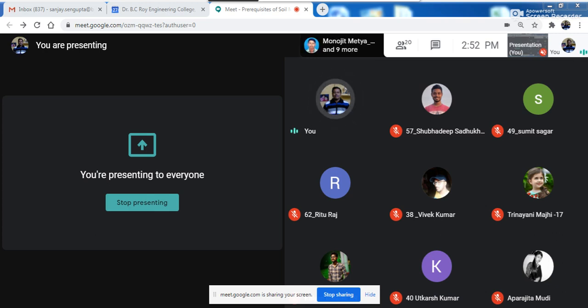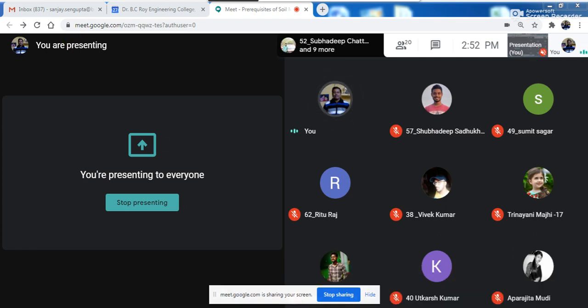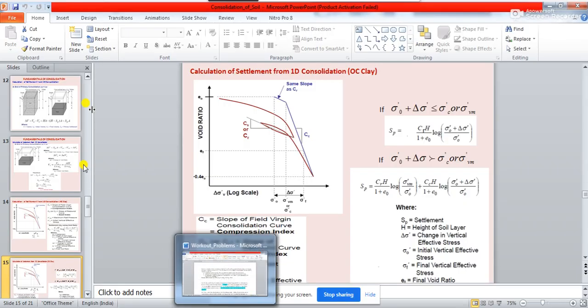In the previous class we also discussed the trapezoidal distribution of stress, and how to find the incremental stress using it. Just to recollect, I will show you the previous slide.